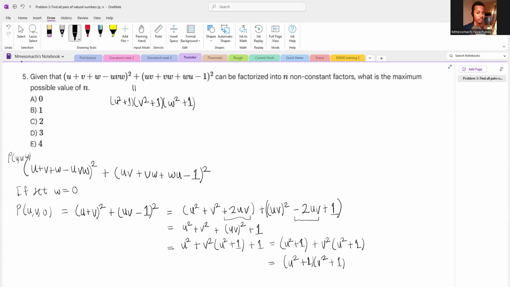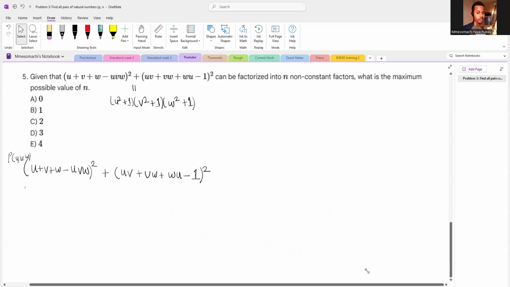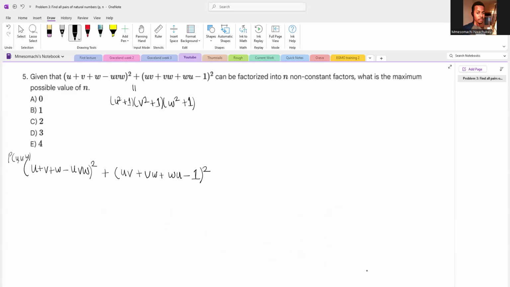So let's go back to the original expression. I will erase this. Let's look at the original expression and see if we can get this claim.